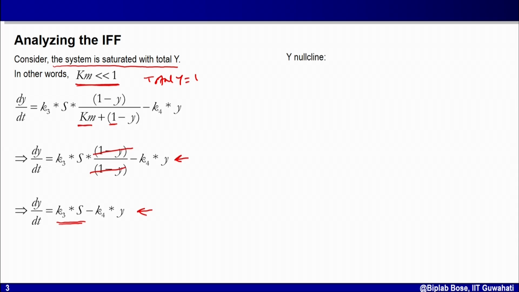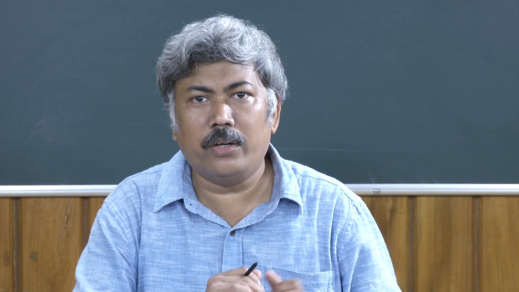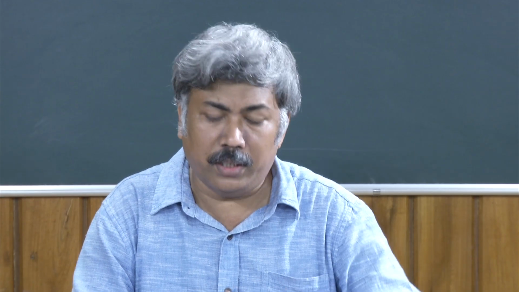So let us calculate the nullclines for y. To calculate the nullcline for y, I have to consider dy/dt equal to 0. So that's what I have considered, dy/dt equal to 0. So that means I have to put k3 into s minus k4 into y equal to 0. I am using the modified second ODE here. Now I will rearrange terms so that I get y on one side of the equal sign and the rest of the terms on the other side.